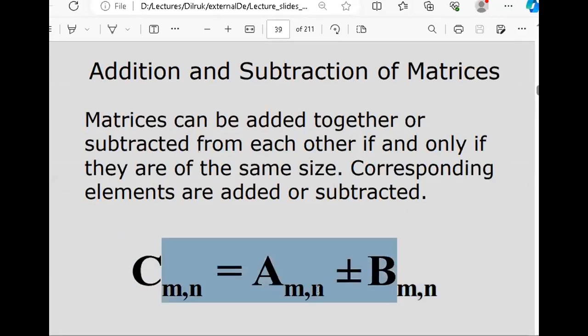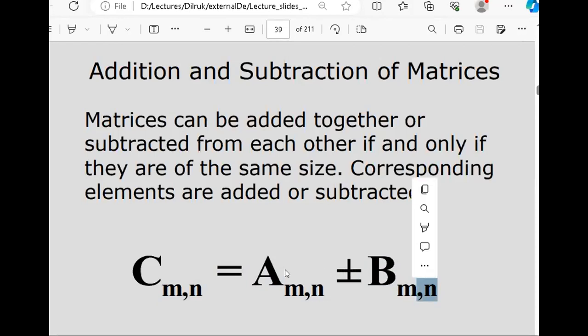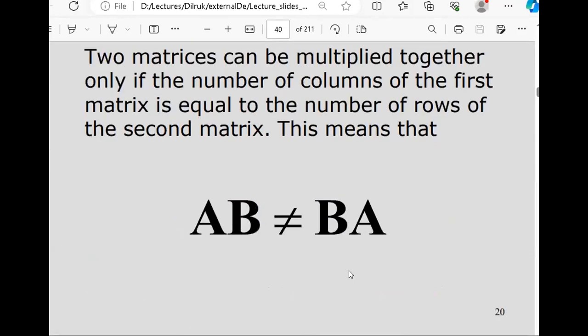Otherwise, you cannot add or subtract two matrices. This is a binary operation in linear algebra.